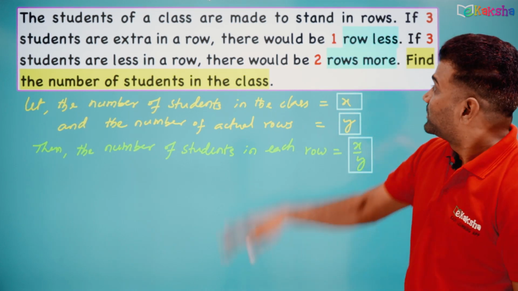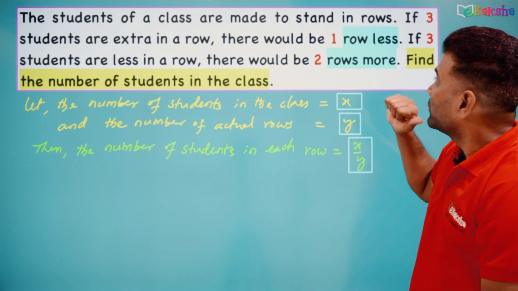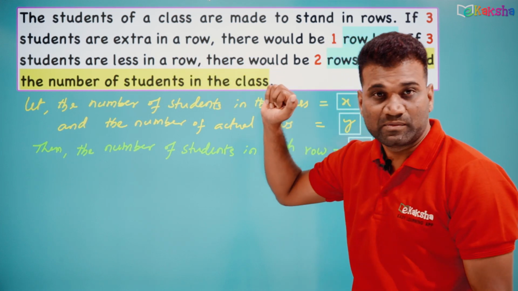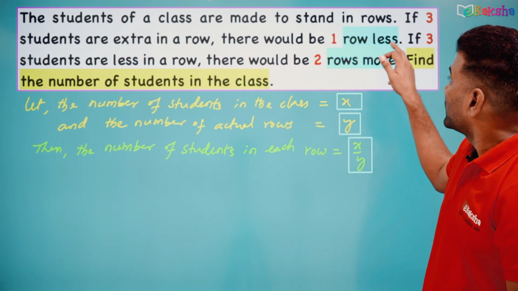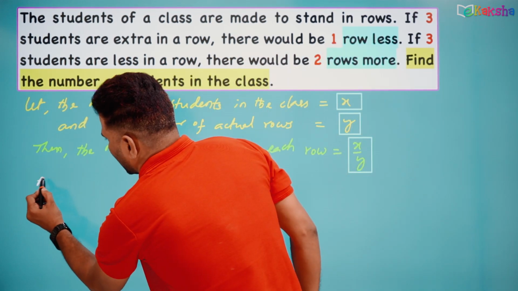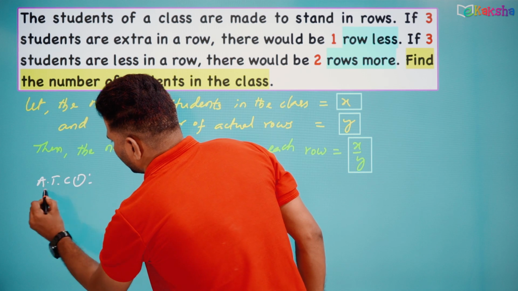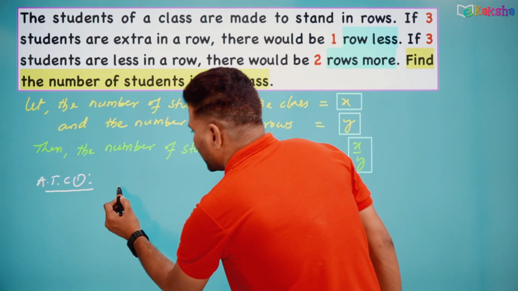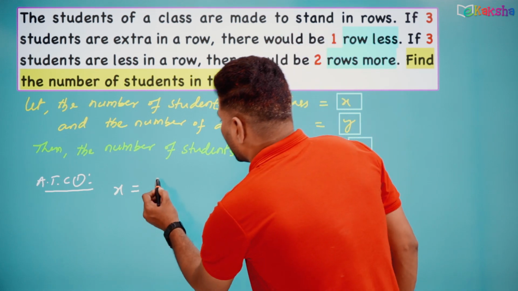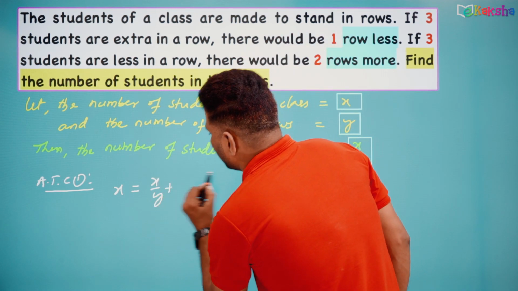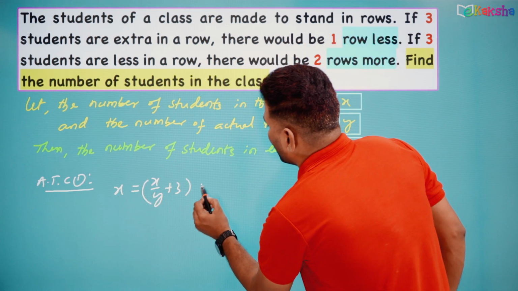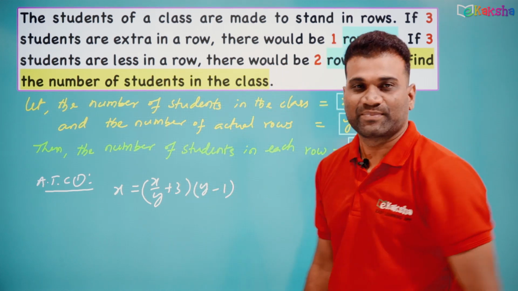Now come back to the conditions. According to the first condition, if 3 students are extra in a row, there would be 1 row less. According to condition 1, x is equal to (x upon y plus 3) into (y minus 1).